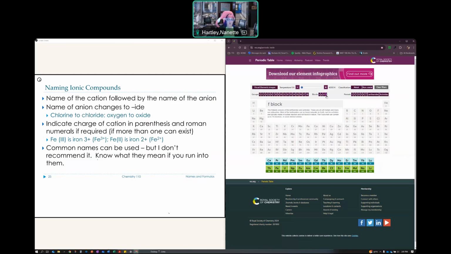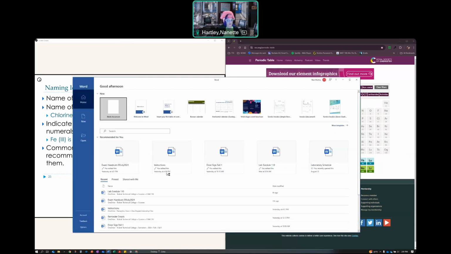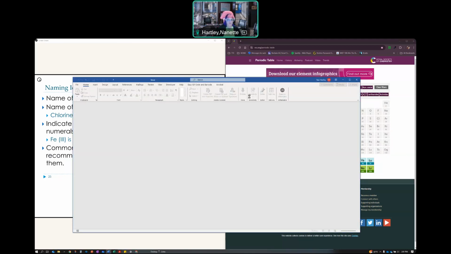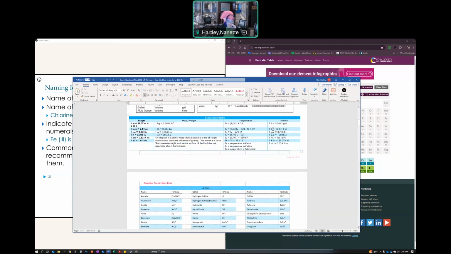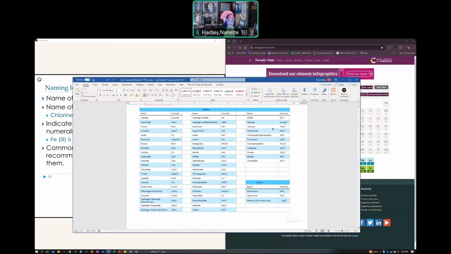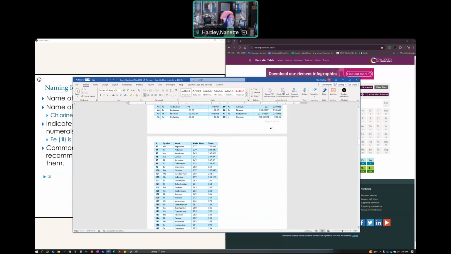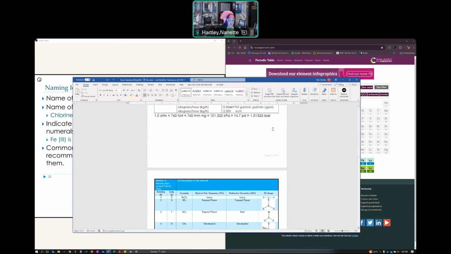Okay. Now there are common names for these species. So let me show you what I'm talking about. We'll open our exam handouts. And this is a slightly different version of the exam handouts that you guys have. I found an error and I fixed it. So there are some common names. So we're going to scroll down and find this table.